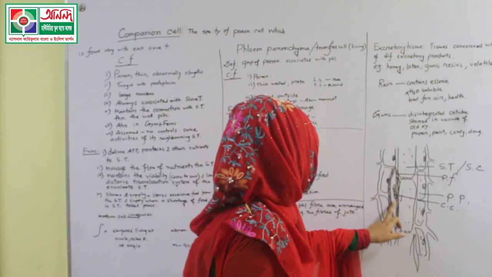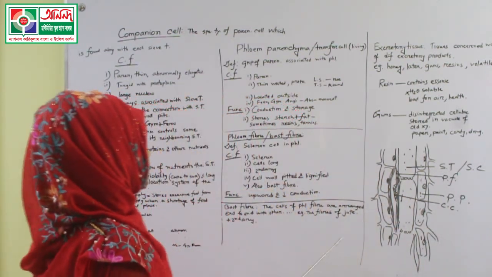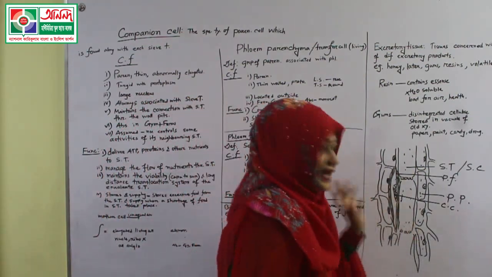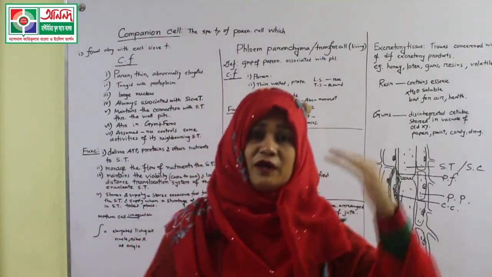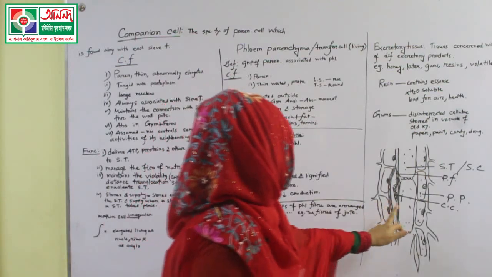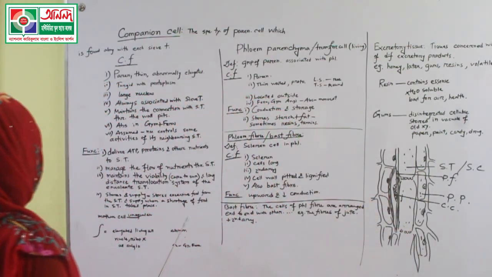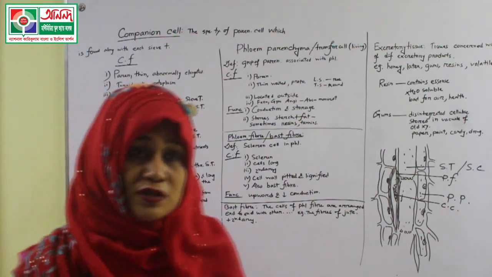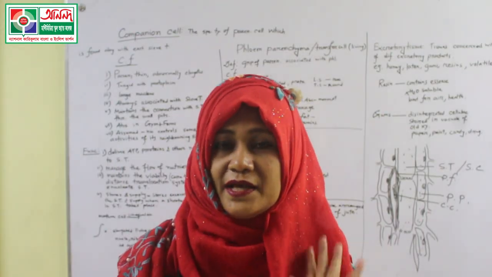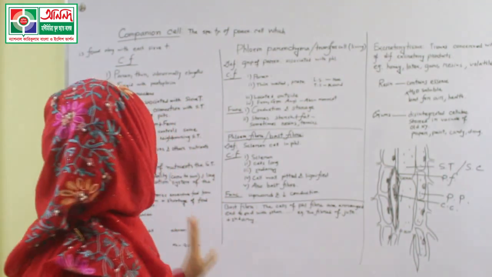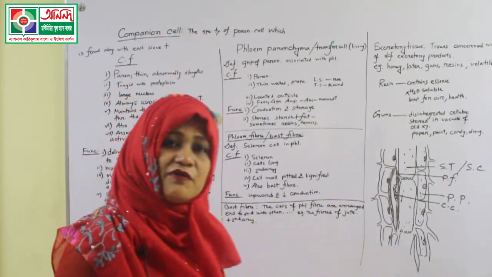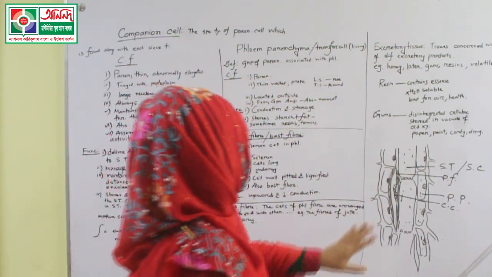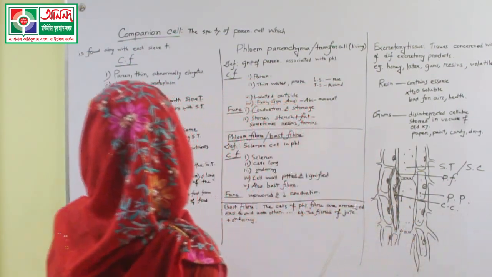So the nucleus of the companion cells just controls some activities, controls the flow of the nutrients of the sieve tube, and it is found in angiosperms and not found in ferns and gymnosperms. These are all about the characteristic features of the companion cells. Always giving company to the sieve tube.